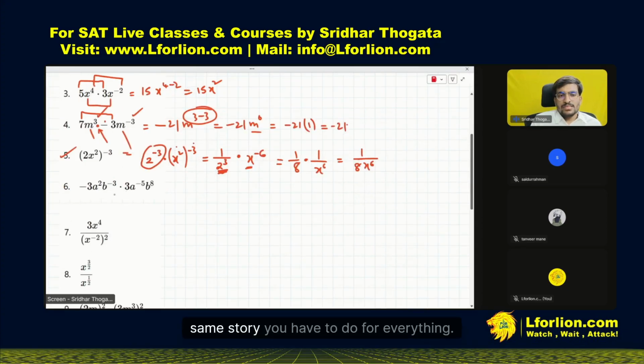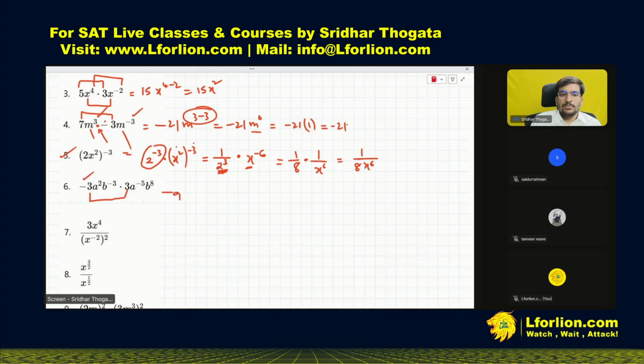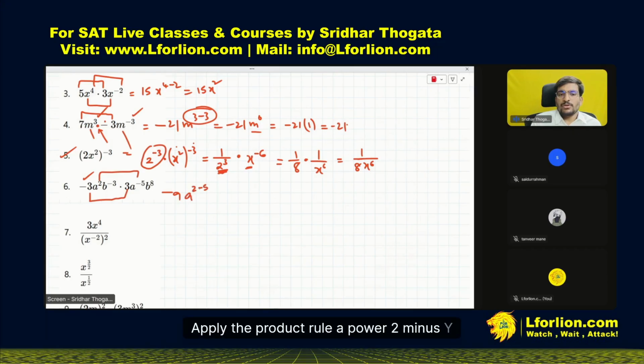Now, same story you have to do for everything. Just take the like terms and solve it. 3 into 3, 9. And there is only one negative, so keep it. a square, a power minus 5. a square minus 5. Apply the product rule, a power 2 minus 5. b raised to the power of negative 3 and positive 8.